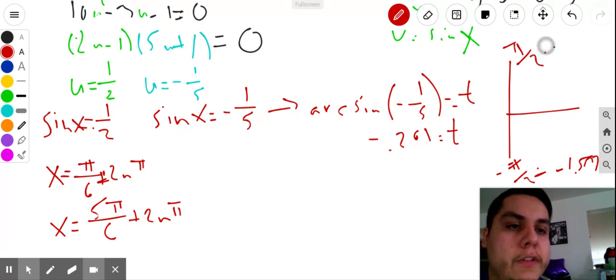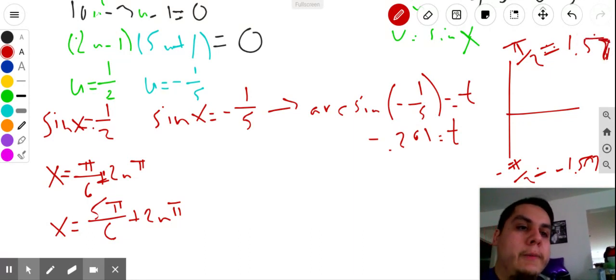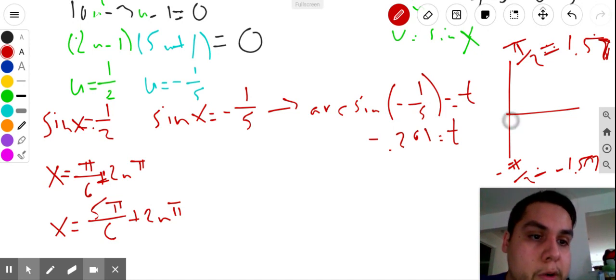And pi over 2 equals 1.57. You stupid Chromebook, write the 7. So this angle is somewhere in here.